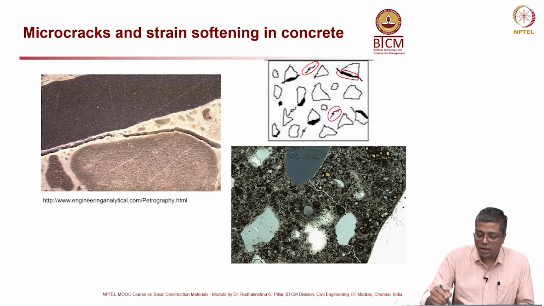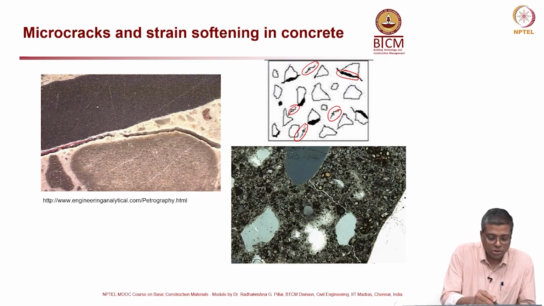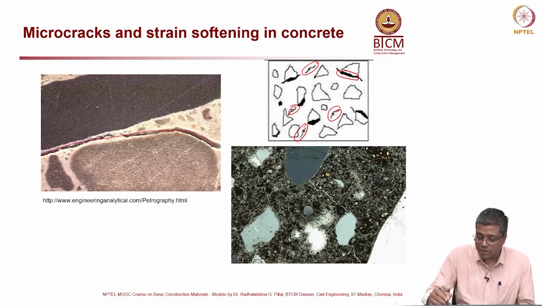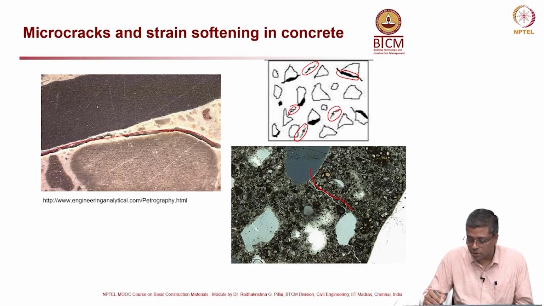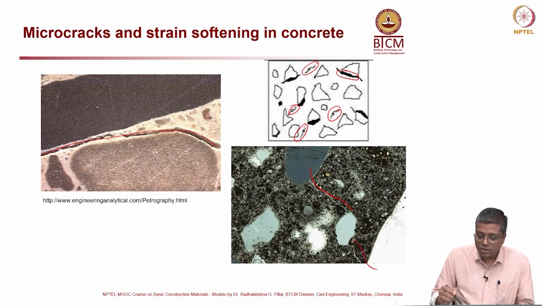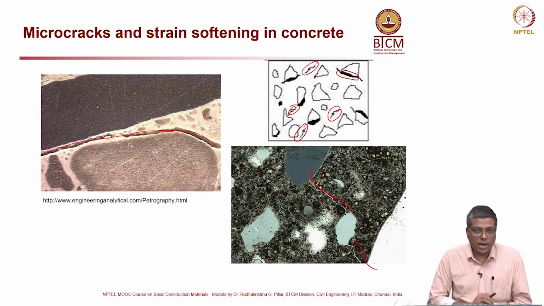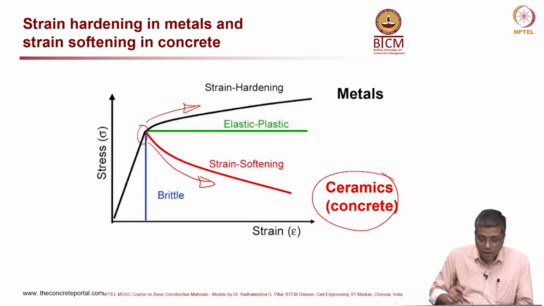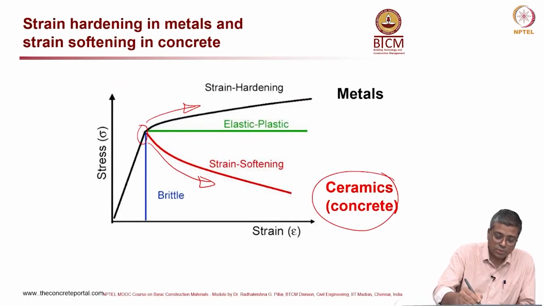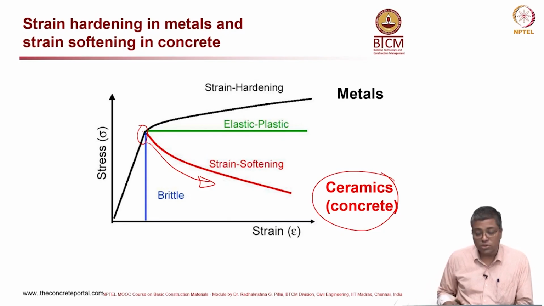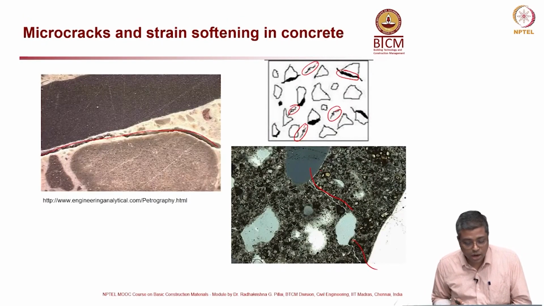All these are cracks or micro cracks in the concrete system, and you can see micrographs showing such cracks, including on the bottom right picture. Because of these micro cracks, strain softening happens and not strain hardening.